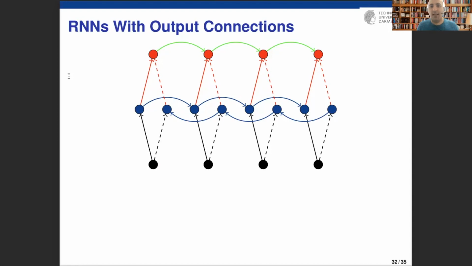So the idea is that the output tokens can be connected to each other. Based on the value that you predict at each step, you can give it to an embedding function and then inject it as the input to the next output layer.